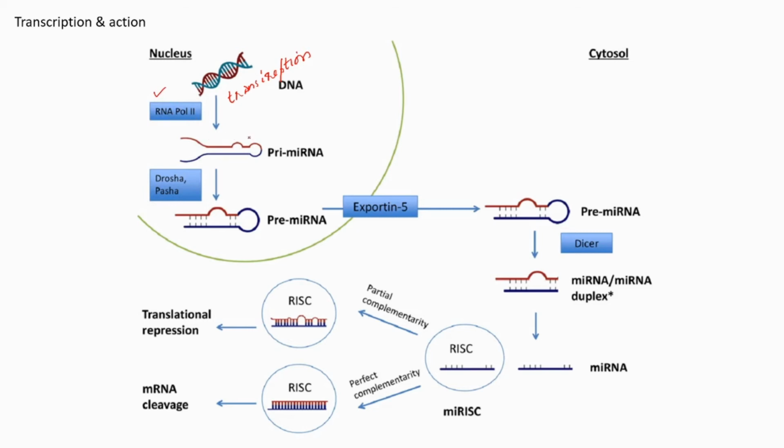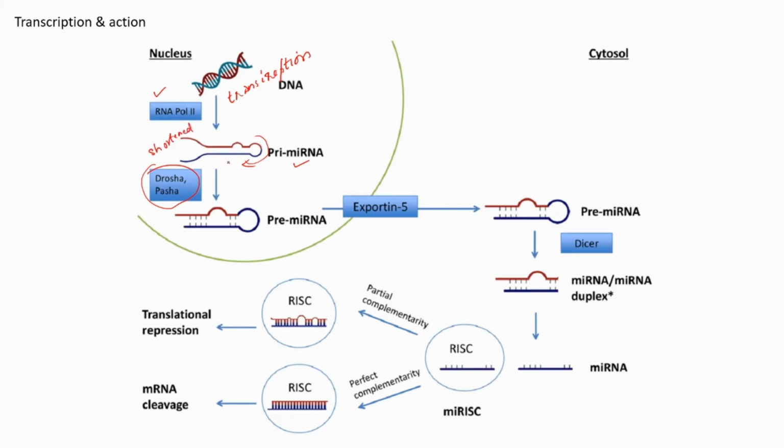It loops here and forms a primary miRNA. And to this primary miRNA, two proteins are acting, DROSHA and PASHA. PASHA has another name that I will tell you later. Because of its action, its length becomes shortened.